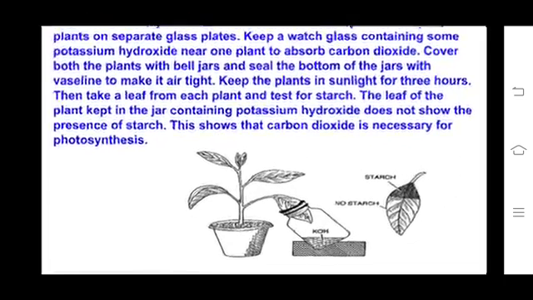Here what we are doing is taking a potted plant, keeping it in the dark for 3 days, then taking it out, and one of the leaves has to be kept inside a bell jar, and that jar contains potassium hydroxide, and you have to seal the cork with Vaseline so that outside air does not enter into the jar.